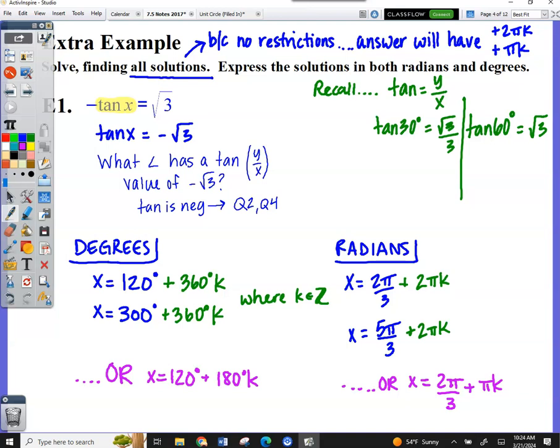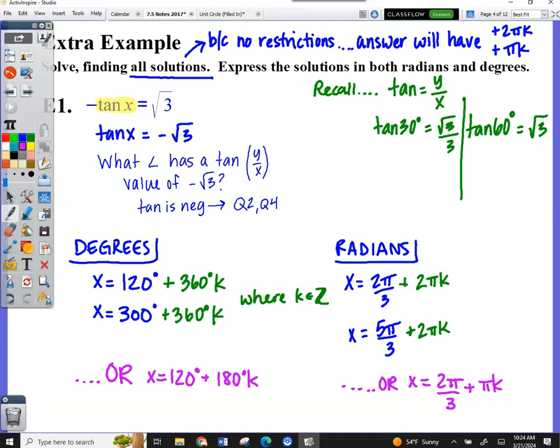So either one works. That's when you're asked to find all solutions.